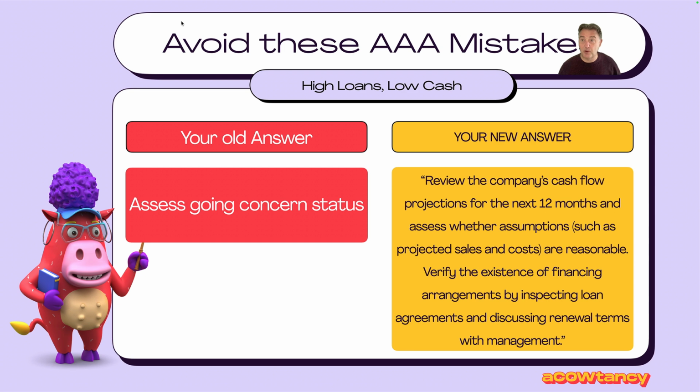That's how I'm going to do it, and assess whether the assumptions they've put in are reasonable, because obviously they're going to make out they're a going concern. Then I'm going to verify the existence of the arrangements by inspecting the loan agreements and seeing if there's chances of renewal. So I'm going further and further into it. I'm linking it to the risk. I'm saying how, and I'm saying why.